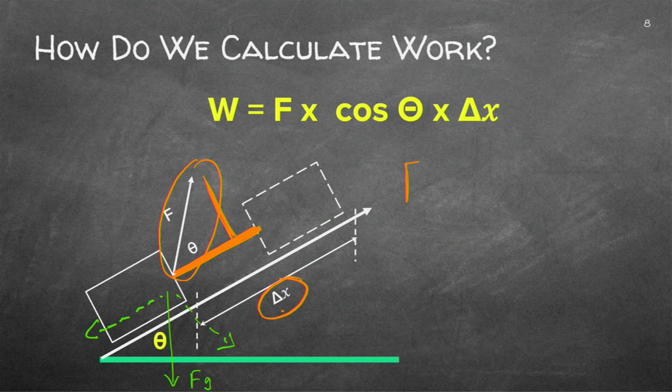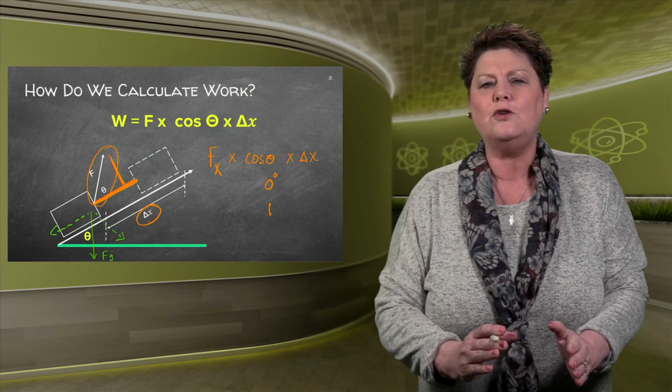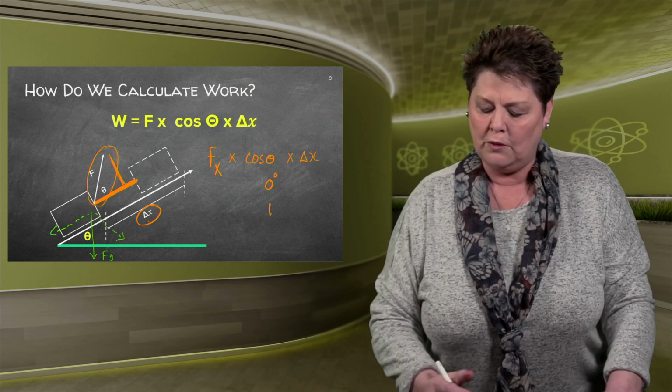So again, that component, let's say it's that one there, will be in exactly the same direction as the displacement. So again, cos will be 0 degrees, which is 1. So always have a look at the displacement to indicate to you which force you will be working with.